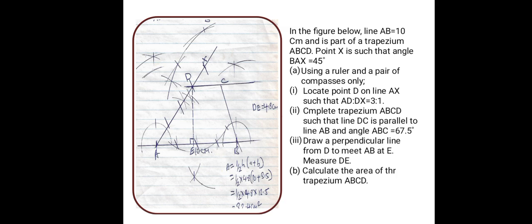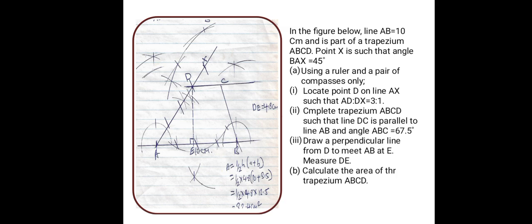In the figure below, line AB is equal to 10 centimeters and is part of a trapezium ABCD. Point X is such that angle BAX is equal to 45 degrees. A. Using a ruler and a pair of compasses only: 1. Locate point D on line AX such that AD to DX is equal to 3:1. 2.